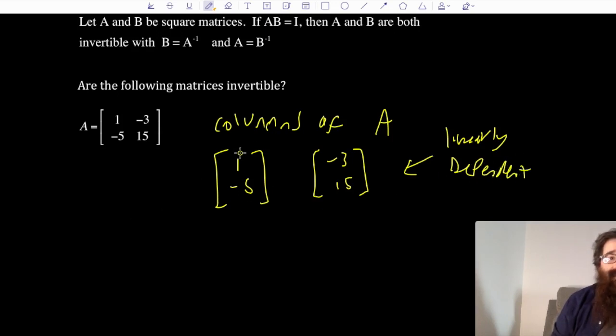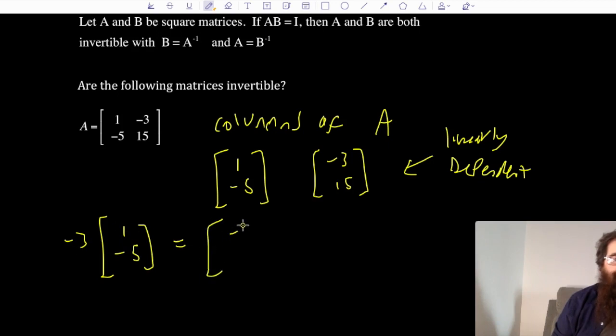Because if I take this first vector, this first column, and I multiply it by -3, what's it going to give me? Well, -3 times 1 gives me -3. -3 times -5 gives me +15. It produces this second vector. So they're just multiples of one another. -3 times the first column produces the second column.